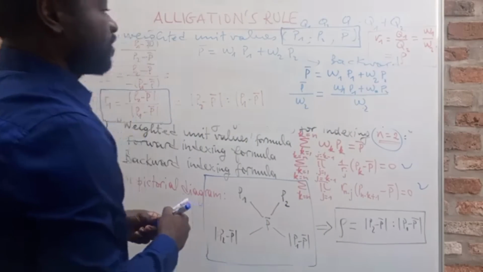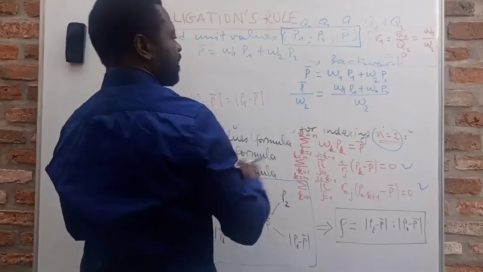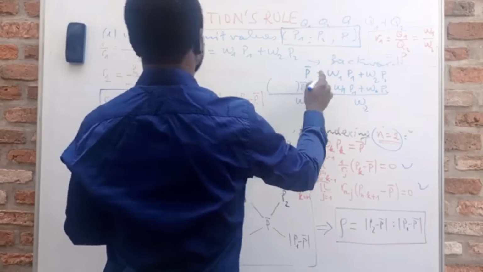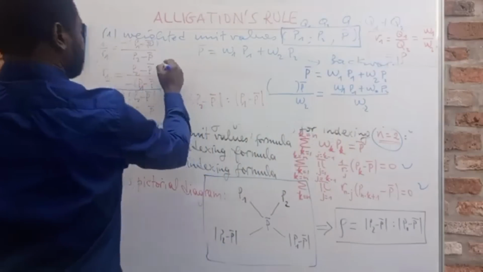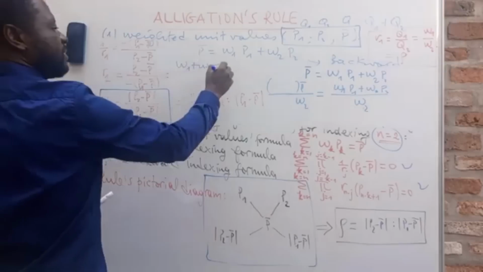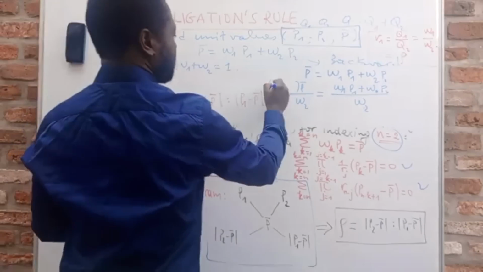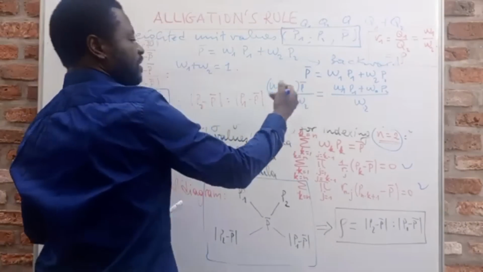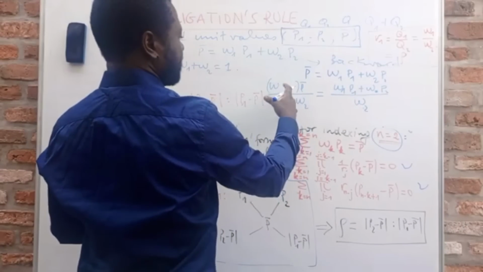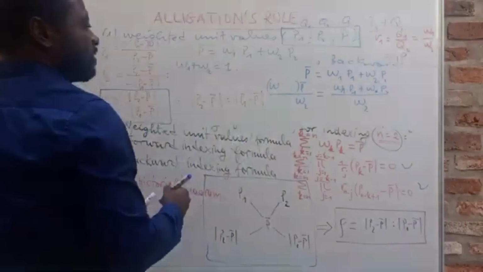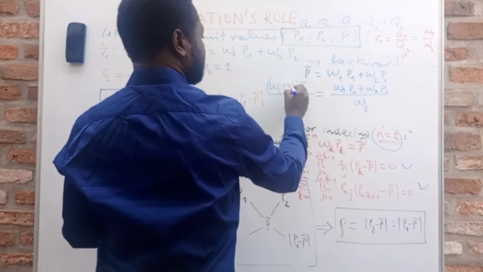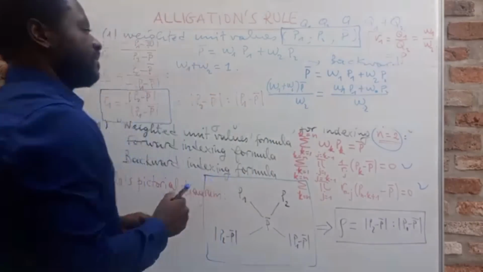Okay. So now we can remember that the sum of normalized weights is equal to 1. So here I can substitute 1 times 1 is 1, which does not change anything. When we multiply a number by 1, no change. So this is also the same.